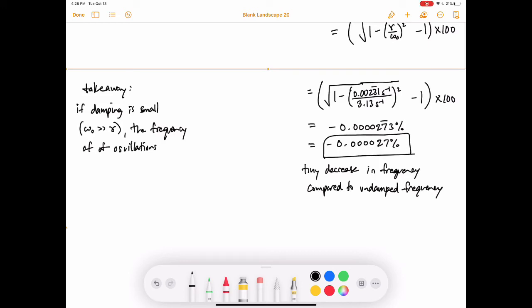In other words, omega prime is pretty close to omega naught, which is why all this time when we've done experiments with pendulums and measuring their period, we were able to get away with ignoring air resistance because, again, as long as the damping is small, it doesn't have a huge effect on the frequency.